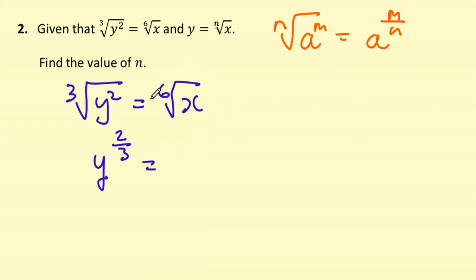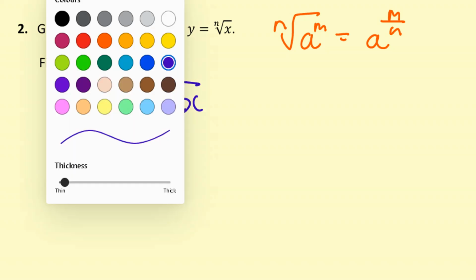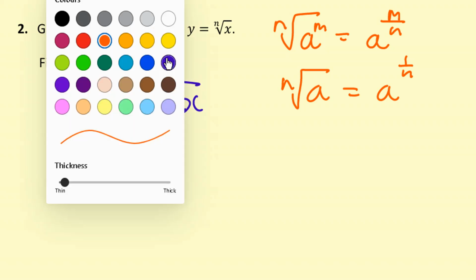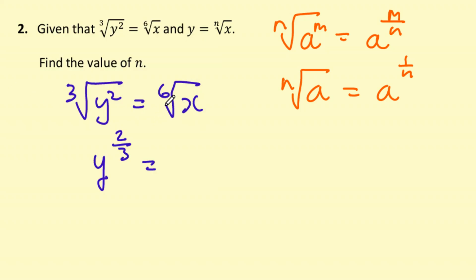Then, getting rid of the surd on the right-hand side, we can use this law of surds: the nth root of a equals a to the 1 over n. So the 6th root of x is x to the 1 over 6.